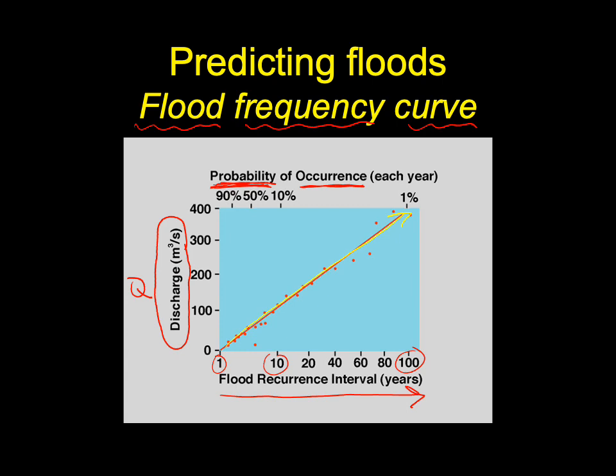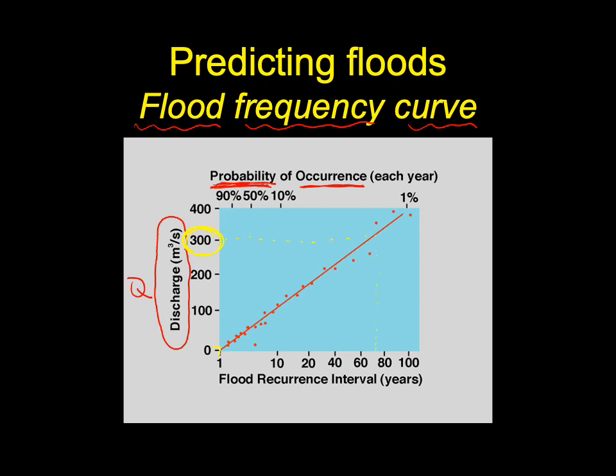Let's do a couple of examples and then figure out what this graph is actually telling us. It says that every 1 year, that's the recurrence interval, you have essentially the likelihood of very small floods. Now, how likely is it that you're going to get floods of moderate size, say 300 cubic meters per second? Well, if we go all the way over to the curve, I cannot draw straight lines on this, guys. I'm so sorry.